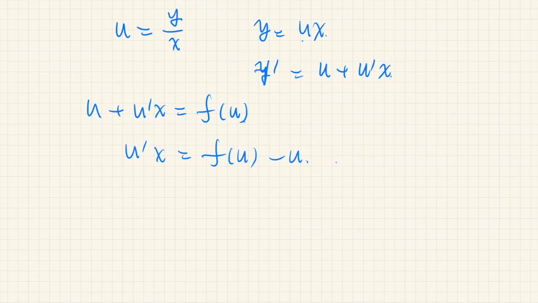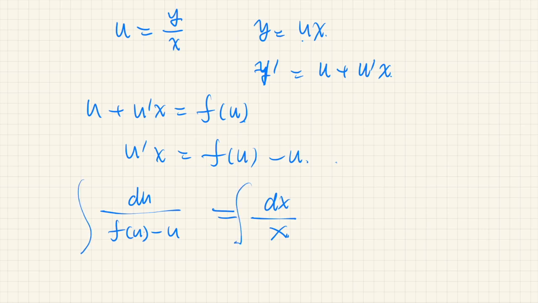So we have du over f of u minus u is equal to dx over x. So this can be solved by the separation of variables.